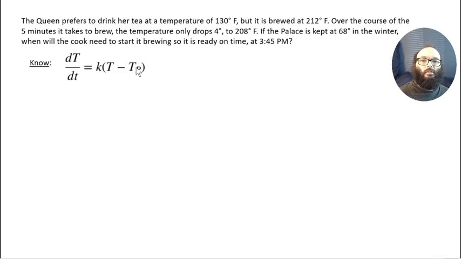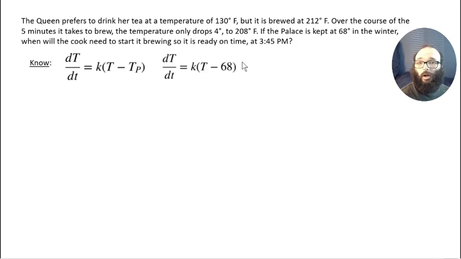So the more similar they are, the smaller this whole value gets, because if we were to get down to 68 degrees, 68 minus 68 would be 0, k times 0 would be 0, and the temperature would stop changing. But anyway, we need to put that 68 in there, and now we can start to solve it.